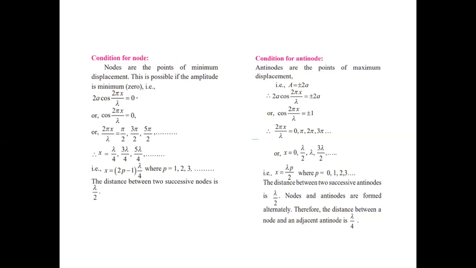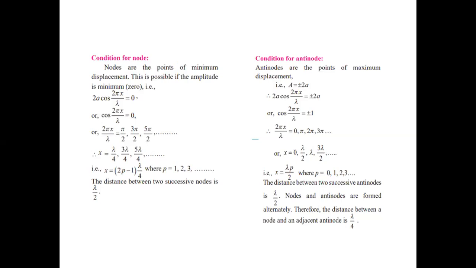In the next step, we can write cos of 2 pi x upon lambda is equal to plus minus 1. Now here we have to think at which values cos gives you plus minus 1. In the next step, we can write 2 pi x upon lambda is equal to 0, pi, 2 pi, 3 pi, 4 pi and so on.